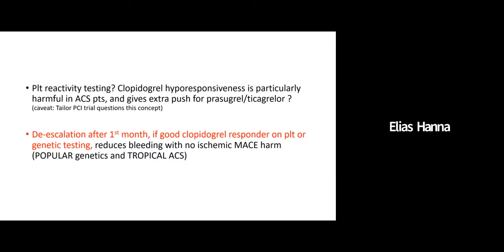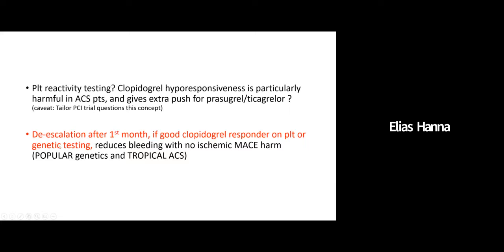Actually, the universal use of Plavix in that trial was as good as using Ticagrelor tailored to genetic testing. So while you may use platelet reactivity or genetic testing to decide about the other agents, keep in mind that has not been proven in a randomized fashion. Although it is reasonable, it's not proven.